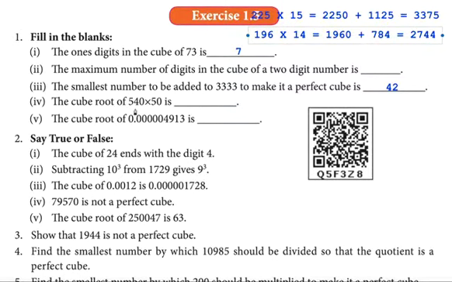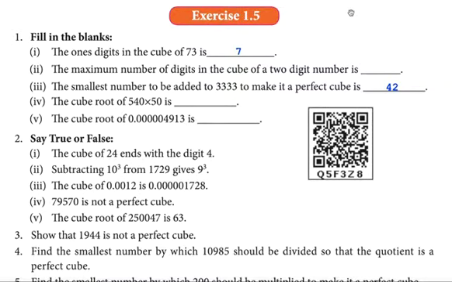The cube root of 540 into 50 is... Now I am going to remove this, it is unnecessary stuff. For 540 into 50, take 100 separately. 54 into 5, 2 into 27.